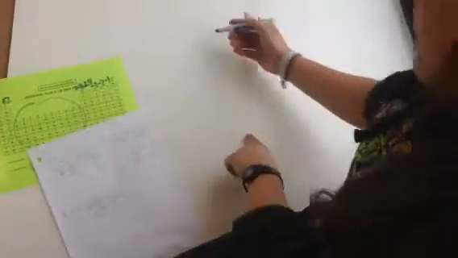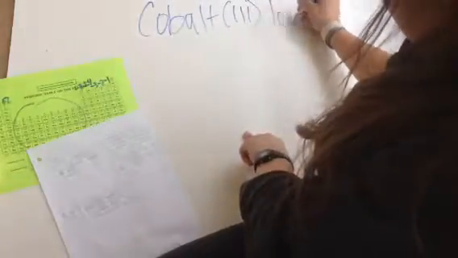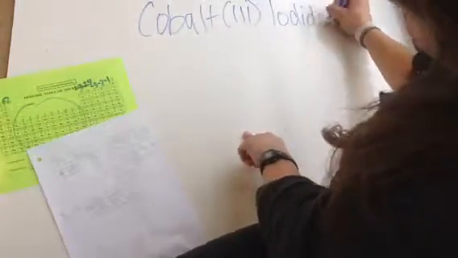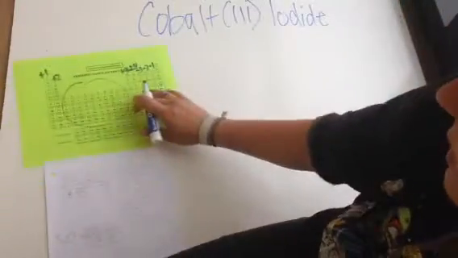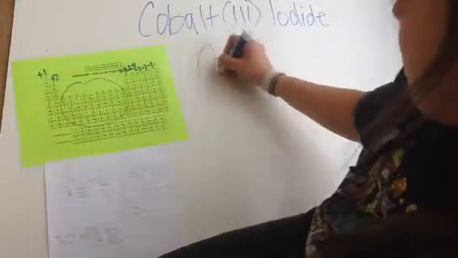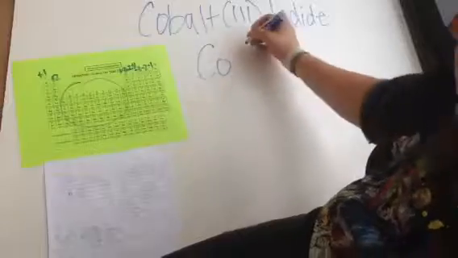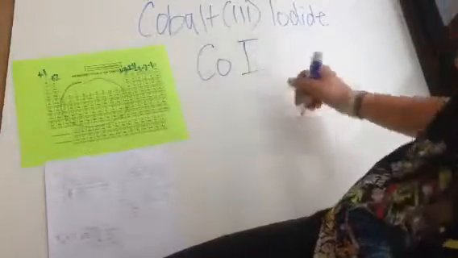And now, to go from the name to a formula, say they gave you cobalt(III) iodide. Cobalt, on your periodic table, that's the transition metal, that's Co. Iodide is I, that's iodine.